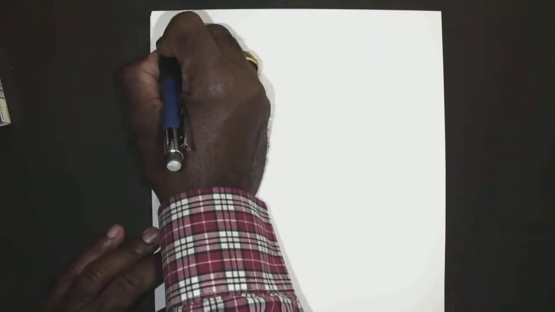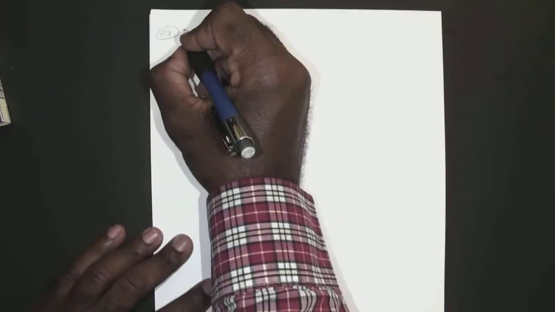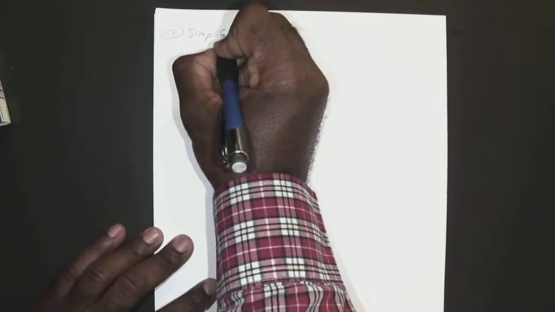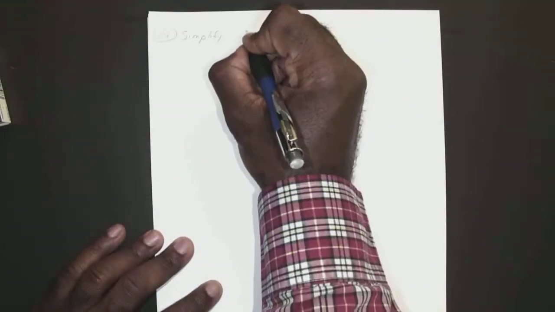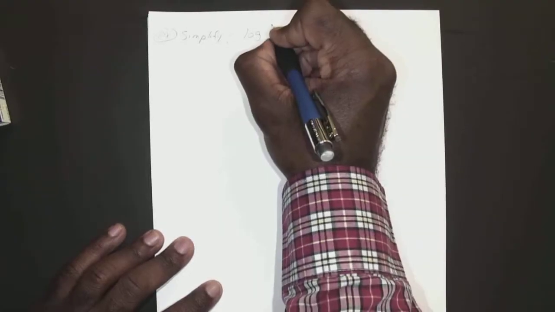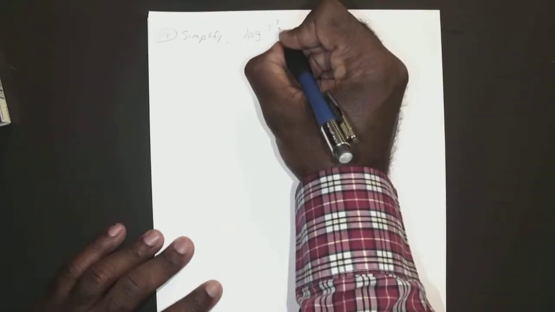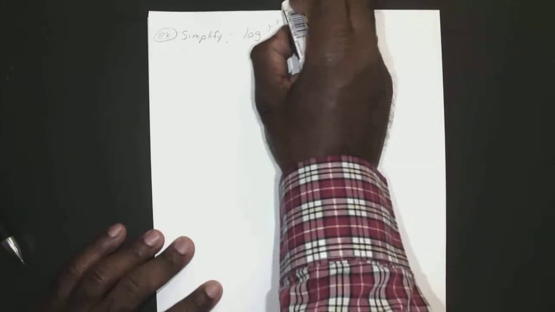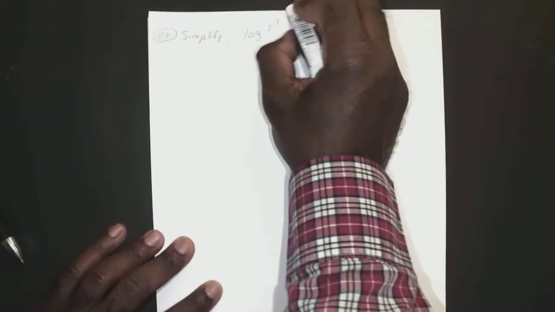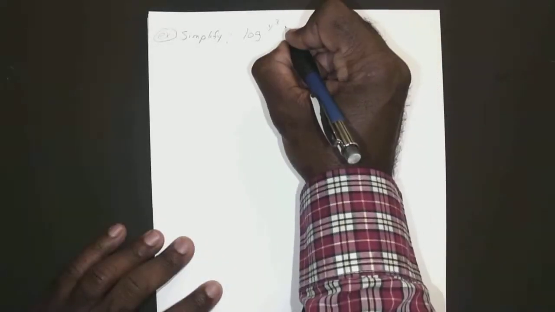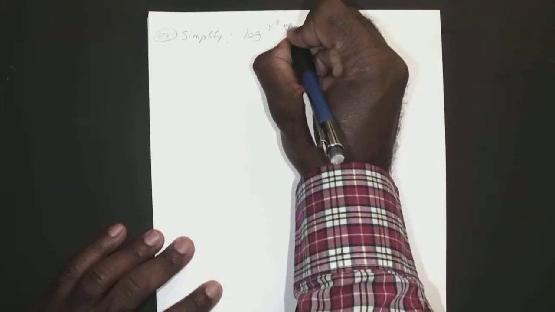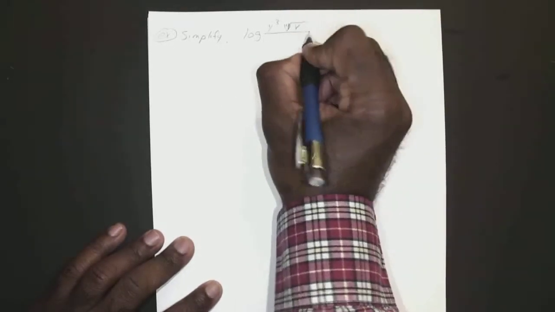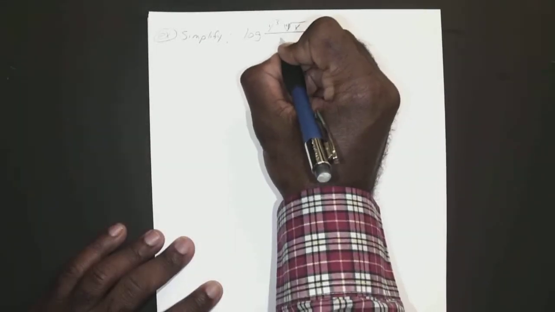Okay, so let's say, for example, you wanted to simplify, say, log of y to the third times the fourth root of x divided by z.